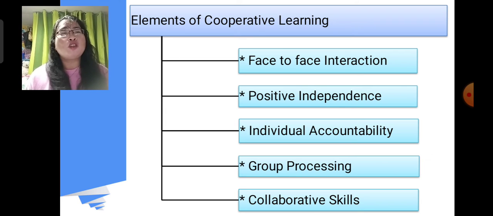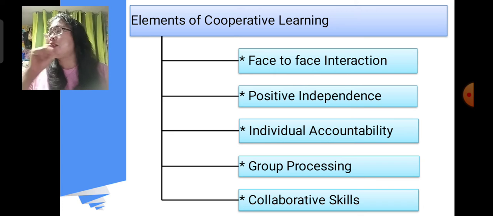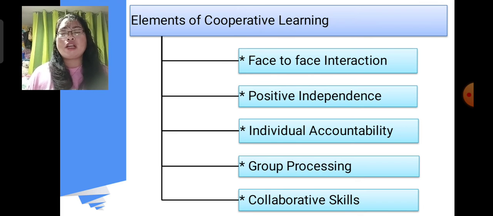The next one is group processing. In group processing, the students are given a means of analyzing their group for how well the group has learned and whether or not collaborative skills are being used. The last one is collaborative skills. In this element, the students learn not only the subject matter, but also interpersonal skills, how to work in teams.